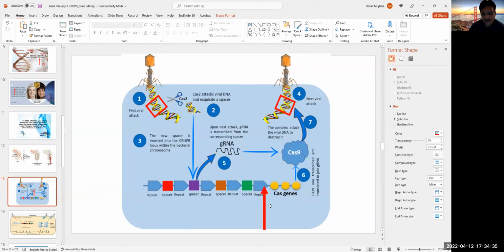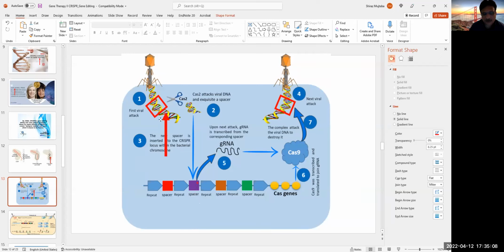This is the bacterial genome, and in particular, this is the Cas CRISPR locus. So this is a bacteria that never met this phage before. The phage infects the bacteria. The bacteria, through Cas2, a bacterial protein, cuts a portion of the phage DNA and then puts it inside its chromosome, right?